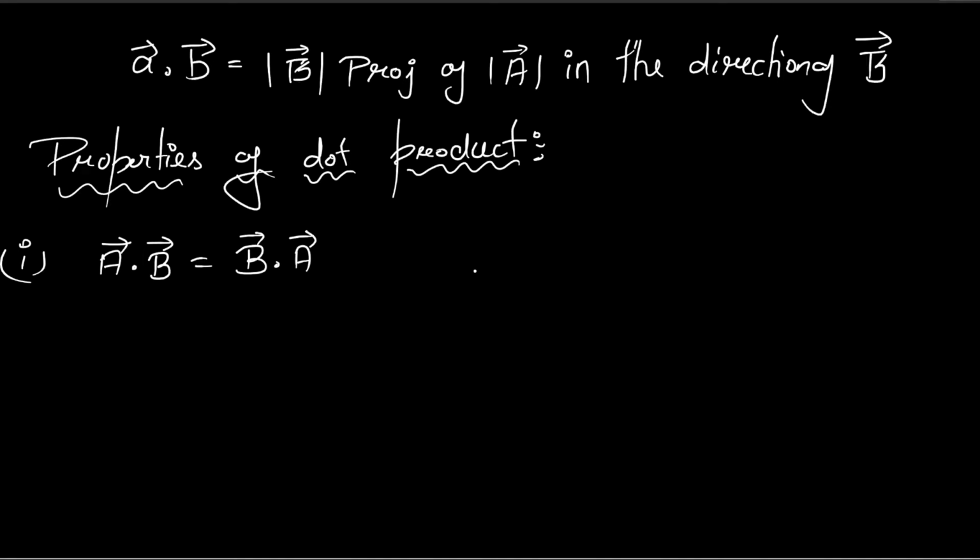Basically, they are equal. A dot B is equal to B dot A.